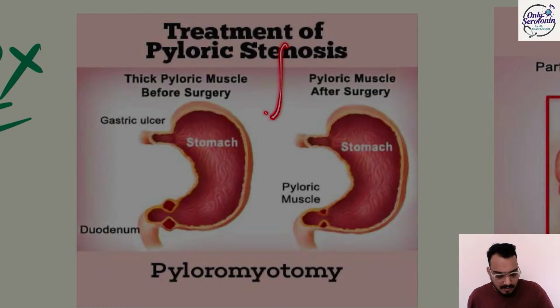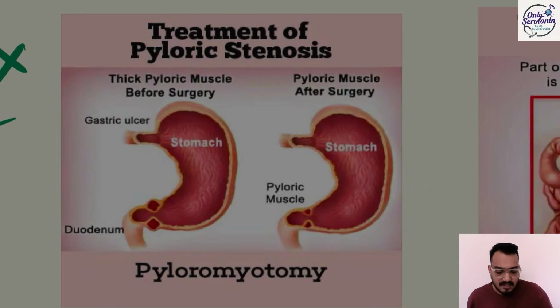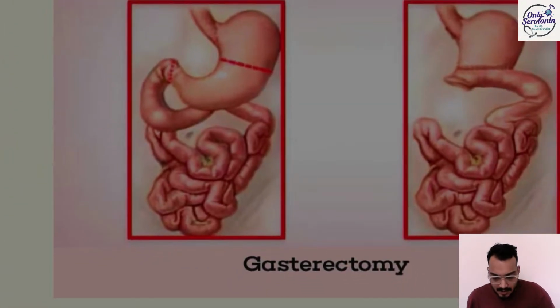After this surgery, we are going to tell the patient, bring your baby in every 1 month. If there is no problem, well and good. If there are some kind of problem, then we have to do one major surgery, and gastrectomy, guys.